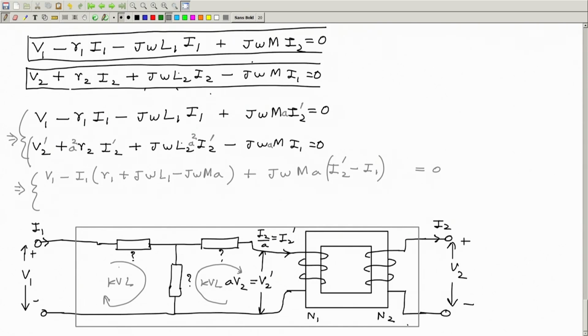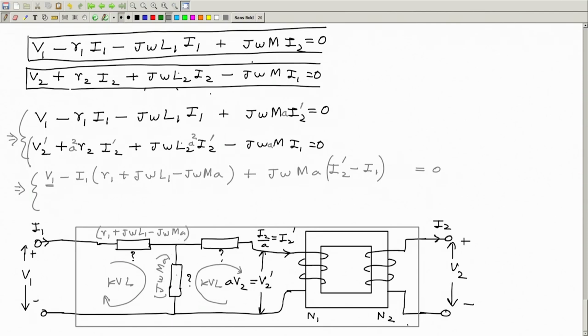Therefore you see I have this V1, and then this impedance I can write here, which is equal to R1 plus j omega L1 minus j omega ma. This is this value. Then I have this drop, this times I1. And then this I call j omega ma, this impedance.